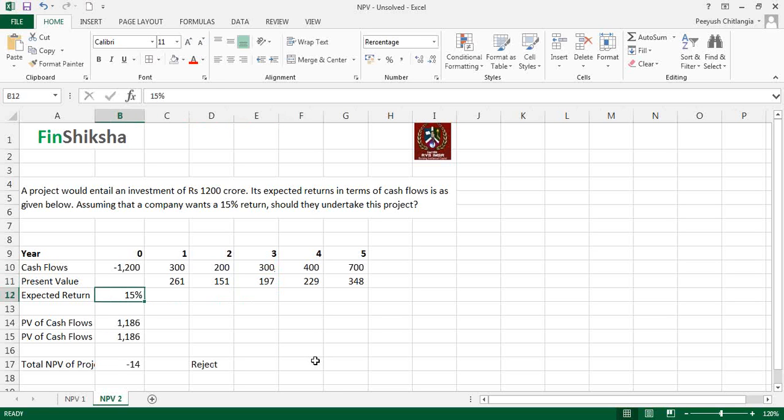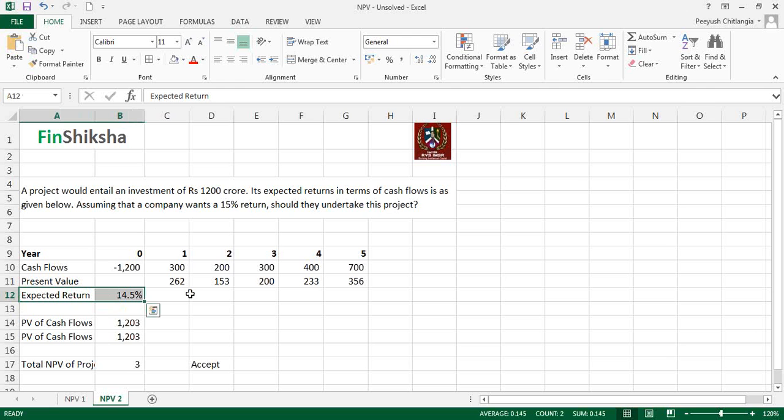Now let's assume the company finds a new source of funding, which is available instead of at 15%, at 14.5%. Because their cost of funding goes down, they should be okay with this return. So you find that at 14.5%, this suddenly becomes positive. How does this work?